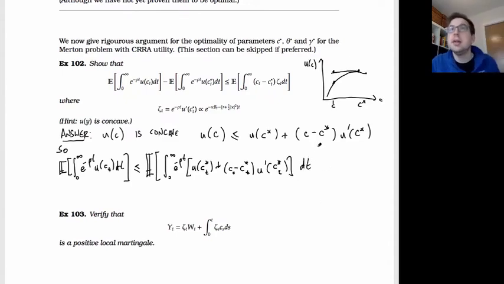Apologies. And then if I collect this all together, I've got e to the minus rho t, u dashed c star of t, so that's the zeta term as required. And so I'm going to end up with exactly this plus this, which is what's required.